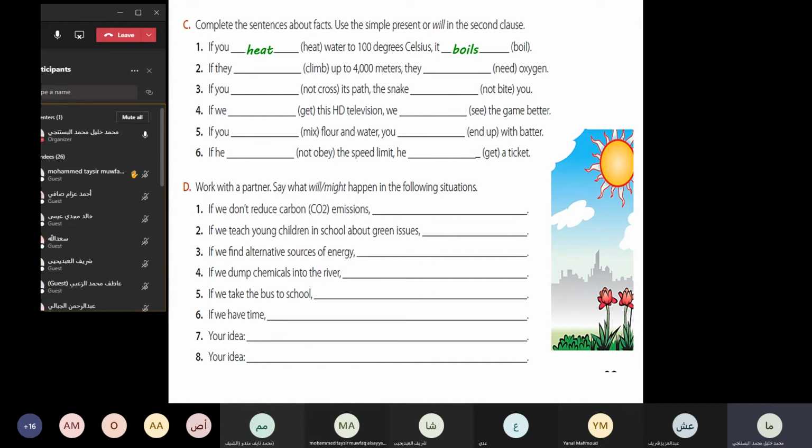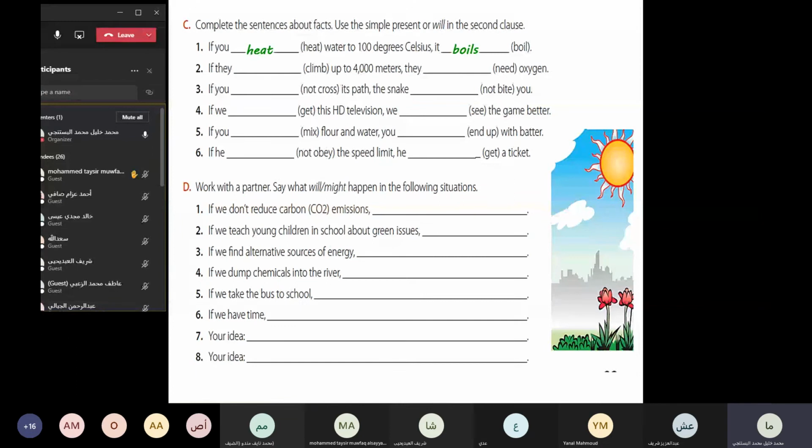And I think they need, because if you go up 4,000 meters, surely you will need what? Oxygen. Okay? Is it clear, guys? Because if you go up 4,000 meters, surely you need oxygen.